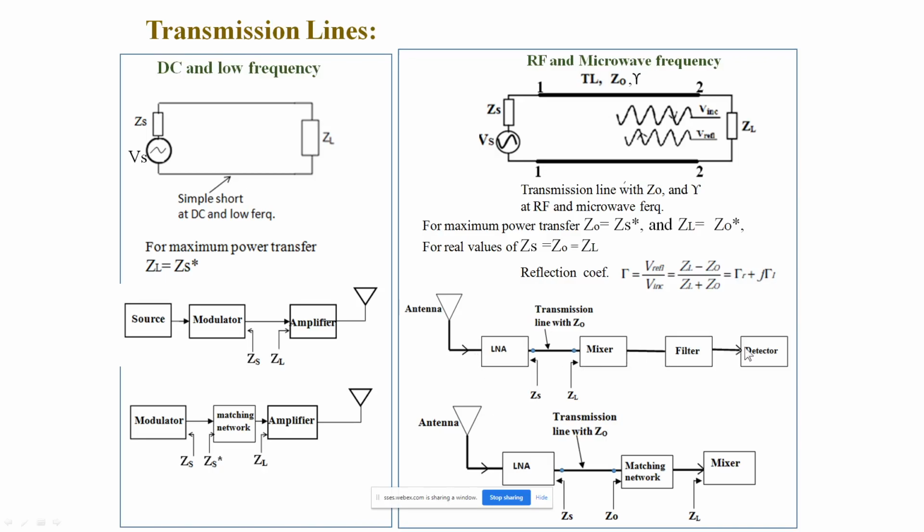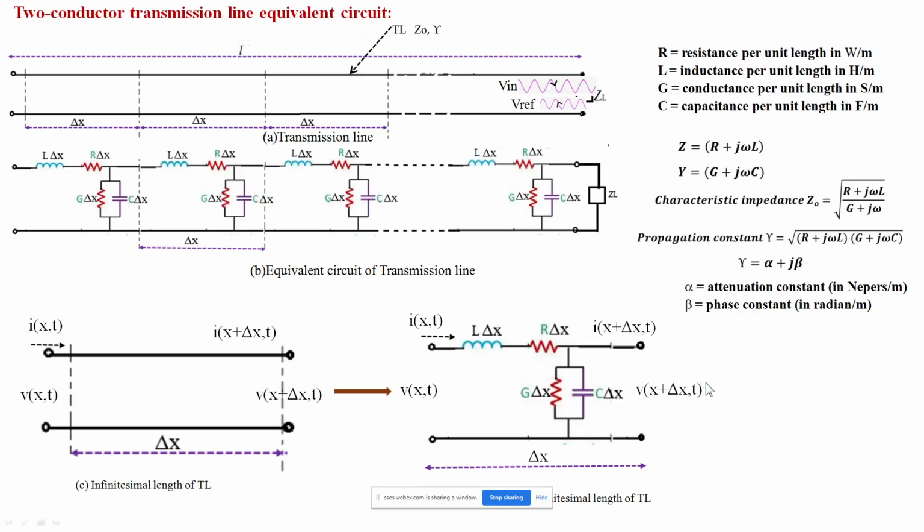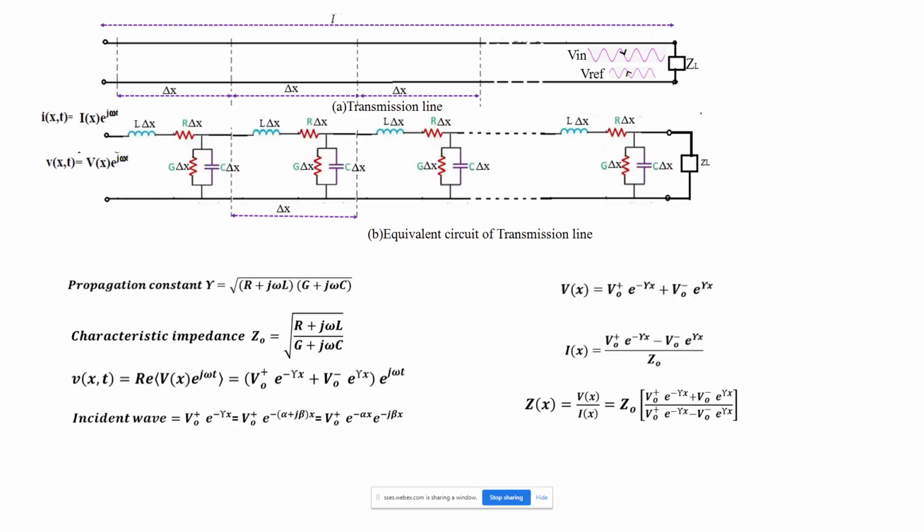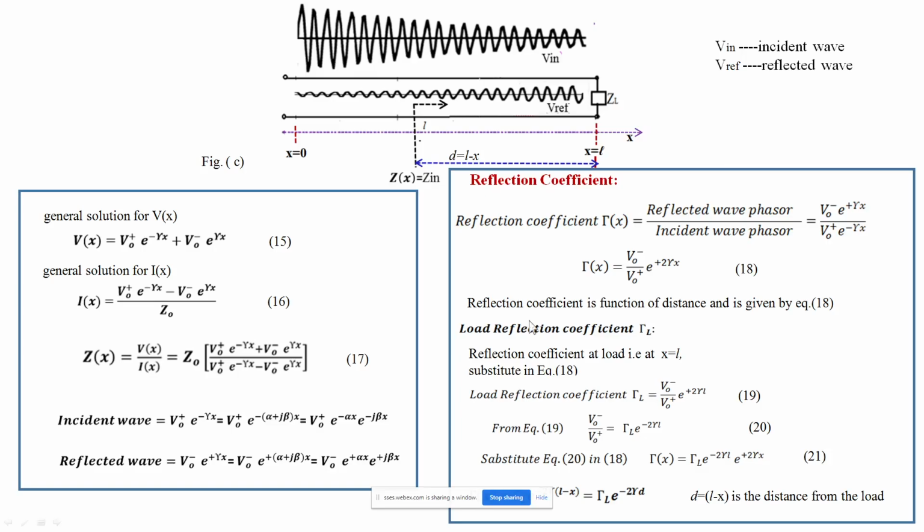After looking at the reflection coefficient, we will come to know how much power is delivered to the next stages. That's why it is a very important parameter. So that is the reflection coefficient.